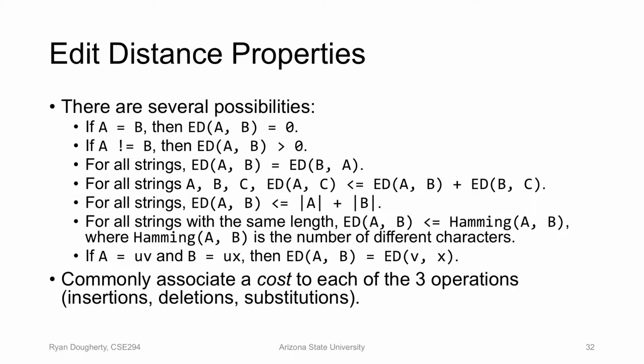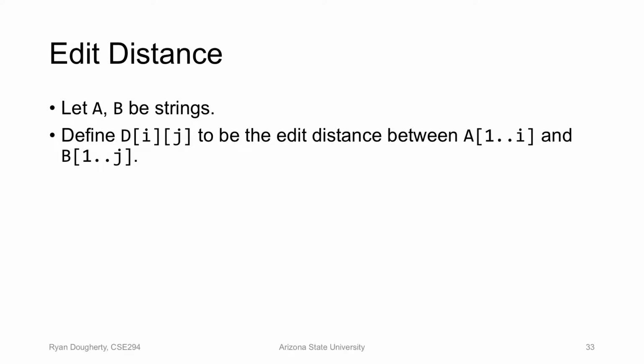So what we usually do is we associate a cost to each of the three operations, as long as they're non-negative. But what we're going to do here is just abstract it away, and think of each of the three operations as a 1 cost, for example. So an insertion is cost 1, deletion is 1, substitution is 1. All right, so let A and B be strings.